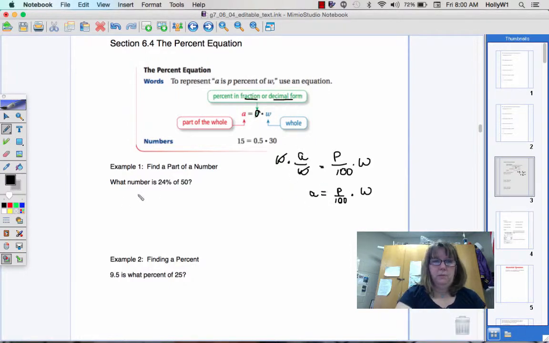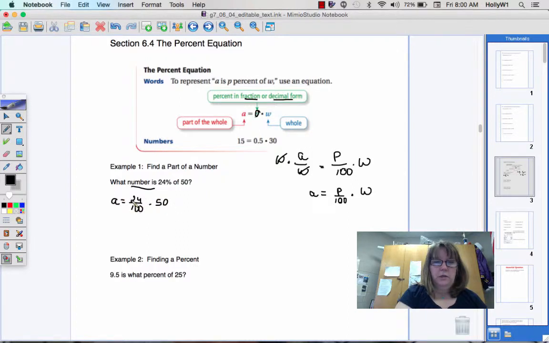All right, well, let's see how this works. So finding a part of a number. What number is 24% of 50? Well, what number is, that is the part. So A is equal to the percent, so 24 divided by 100 times 50.